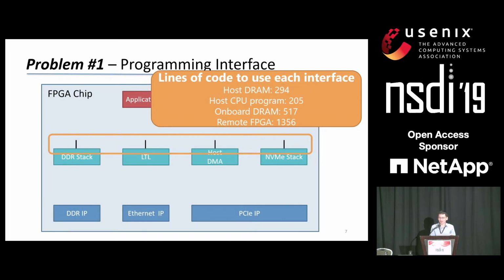Each line of hardware description language requires at least 10 times more effort to develop compared with using software languages. It usually takes weeks for development, verification, and performance tuning. The complicated interface makes it hard for FPGA programmers to develop and to port between platforms.